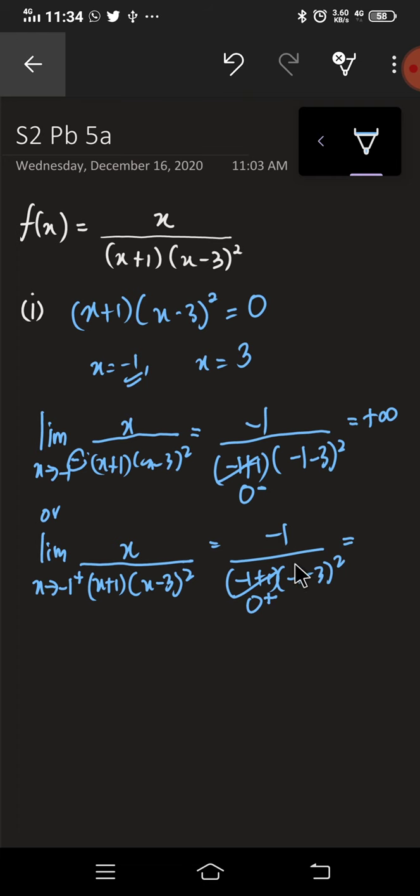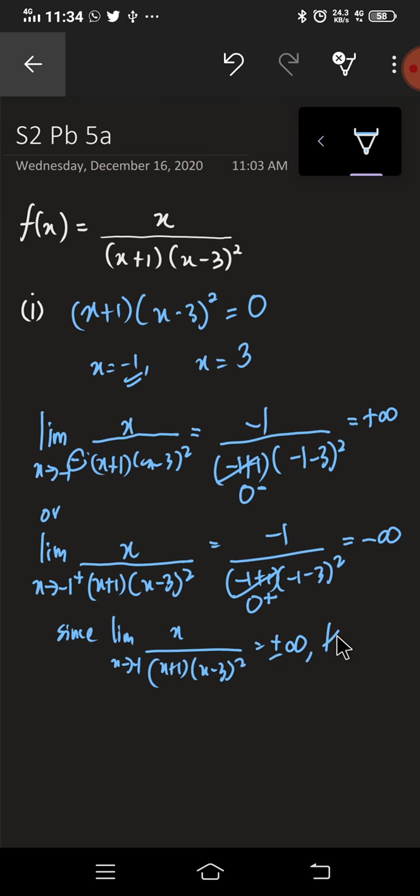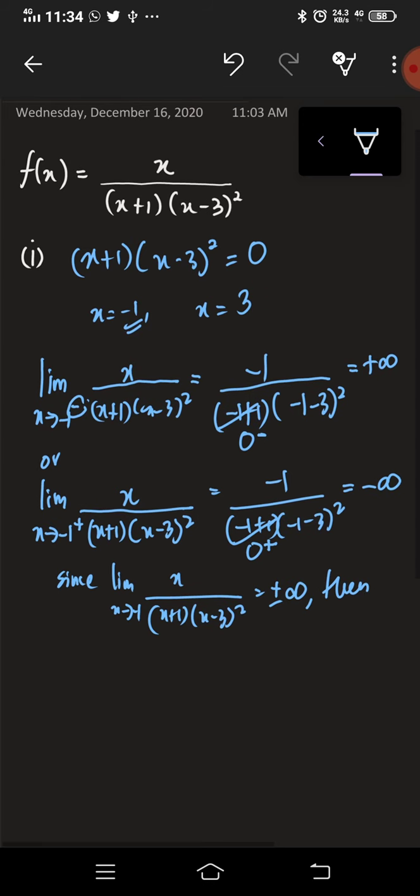Negative divided by positive will be negative infinity. Since the limit of x over (x + 1)(x - 3)² as x approaches -1 is either positive or negative infinity, we can conclude that x = -1 is a vertical asymptote.